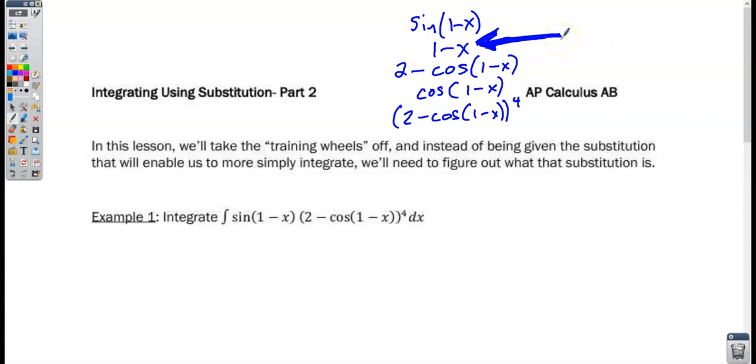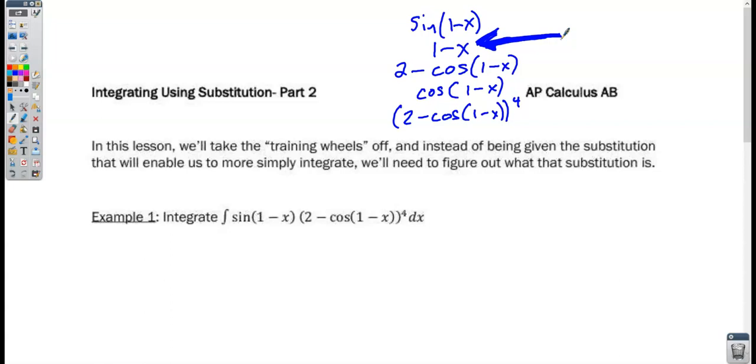So thinking about why we use integration by substitution can be helpful here. We use integration by substitution in order to deal with the implications that come from the chain rule. And so usually our best bet as far as a substitution is that we pick something that is inside of a composition of multiple functions. Now I already said that 1 minus x was probably a poor choice.